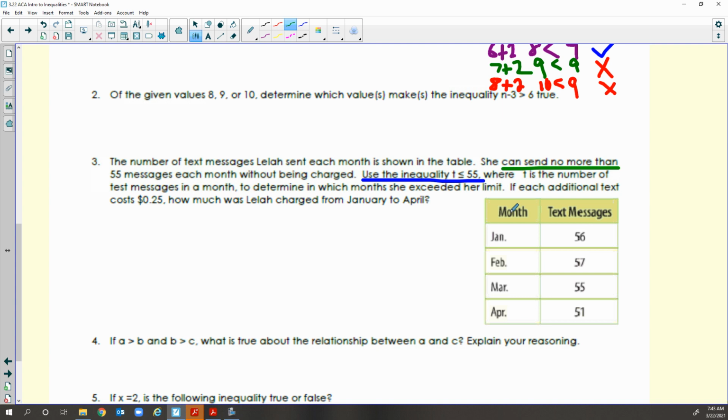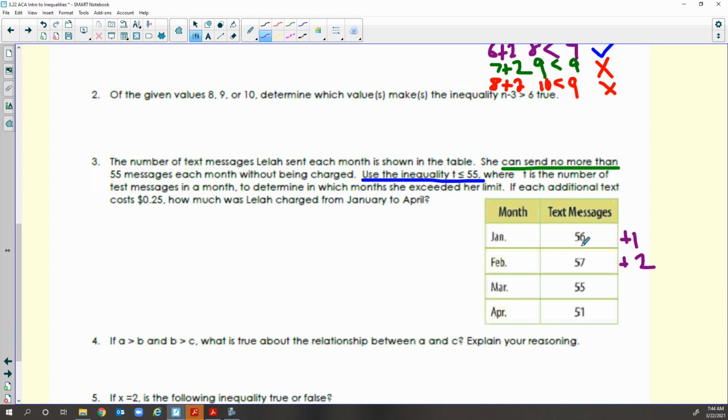So when we look at this chart, let's figure out which months she actually went over. Well, she went over in January by 1 additional message, and she went over in February by 2 additional messages. March, she was right on the money, and in April, she was a couple messages under, which is fantastic. She's not going to get overcharged for that.